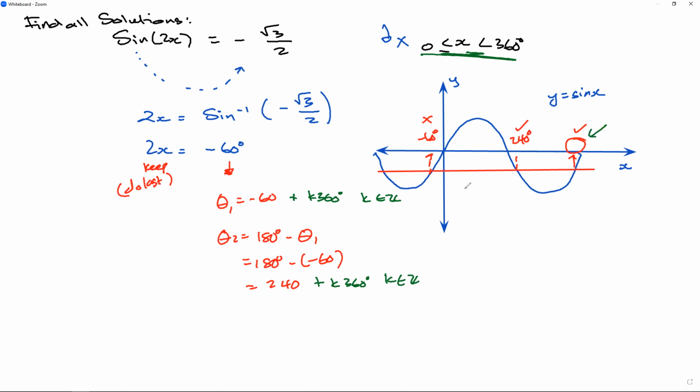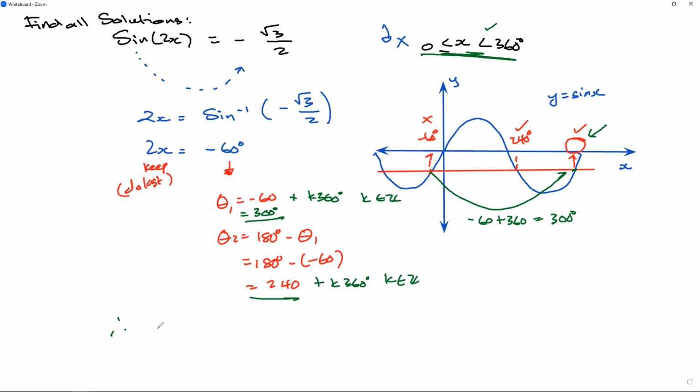So in other words, if I add 360 to negative 60, I would get a recurring point, which would be 300 degrees. So this is actually supposed to be 300 degrees, which I then use as my first solution, and this would be 240 degrees. We would ignore the k times 360.